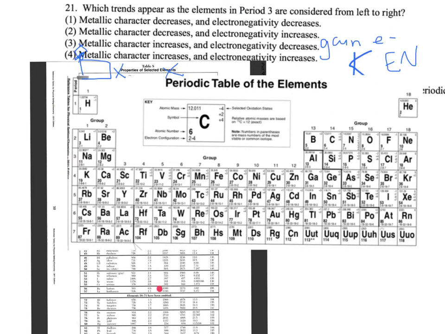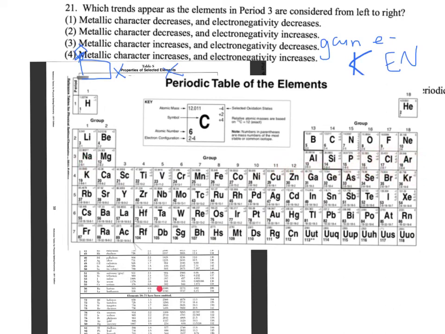Question number 21 asks us to evaluate the trends for period number 3 as we move from left to right. So this is period number 3. And we're asked to judge the metallic character and the electronegativity. Recall that the bold staircase separates the metals from the nonmetals. So as we go across, we have metals with sodium and magnesium, and then we have nonmetals over here.